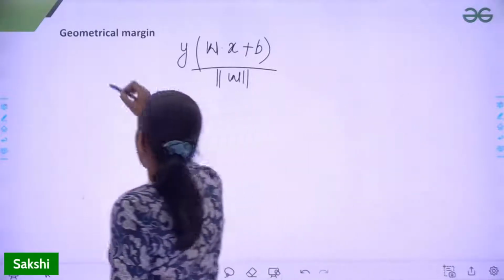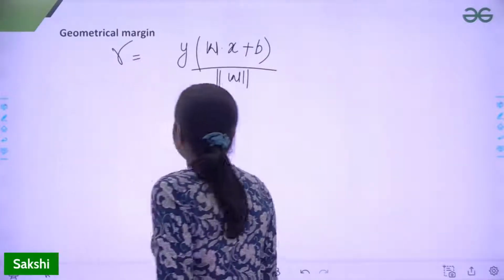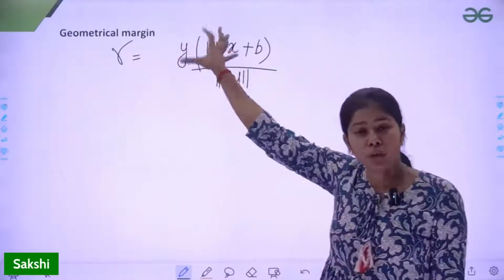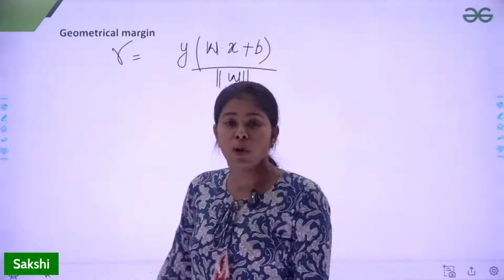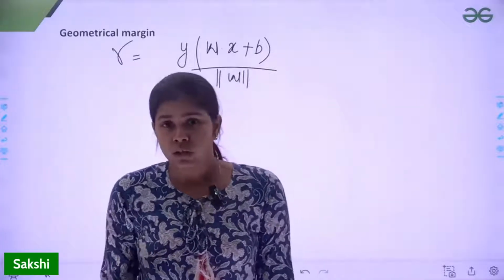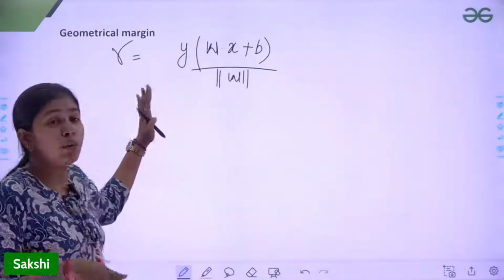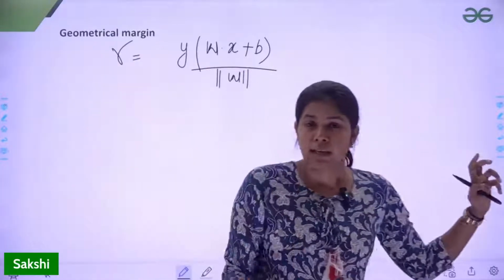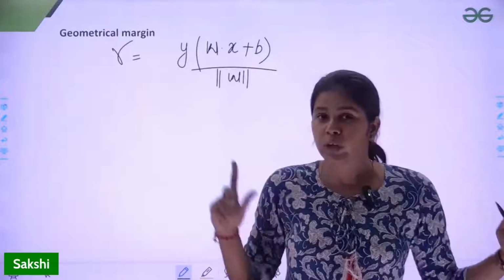This is my geometrical margin, and I'll represent it with gamma. If you normalize it, it would always give you the same result for different equations of a single line.